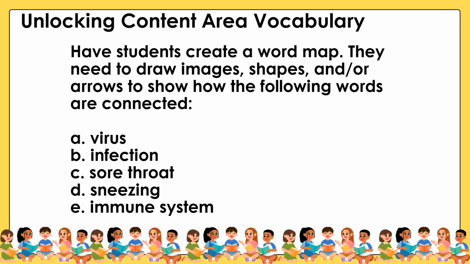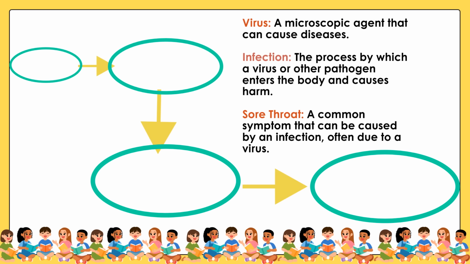Okay, so let's start. Here is actually the example. First we have the virus, and the virus is a microscopic agent that can cause diseases. For the infection, this is the process by which a virus or other pathogen enters the body and causes harm.